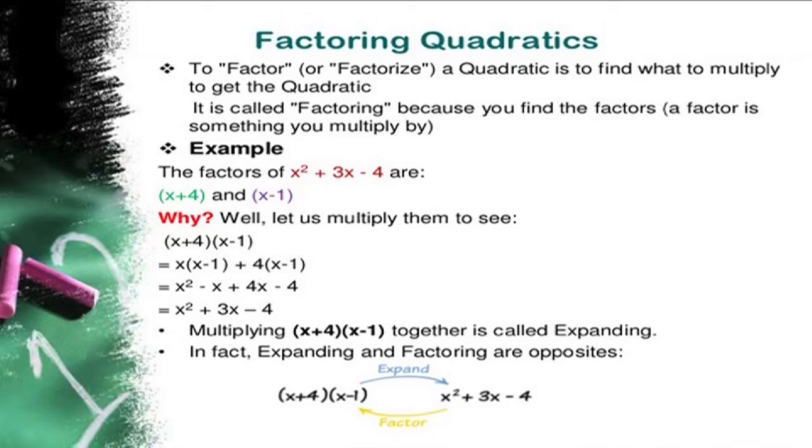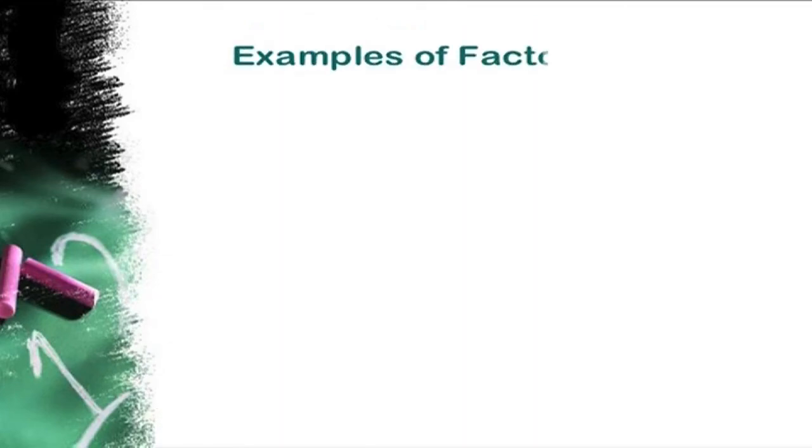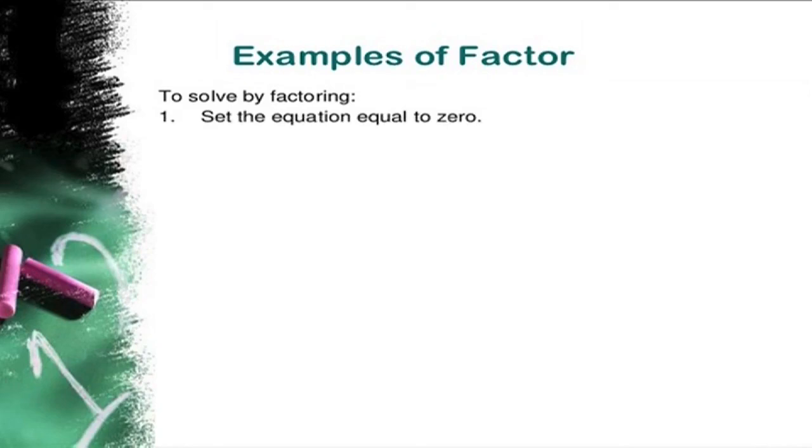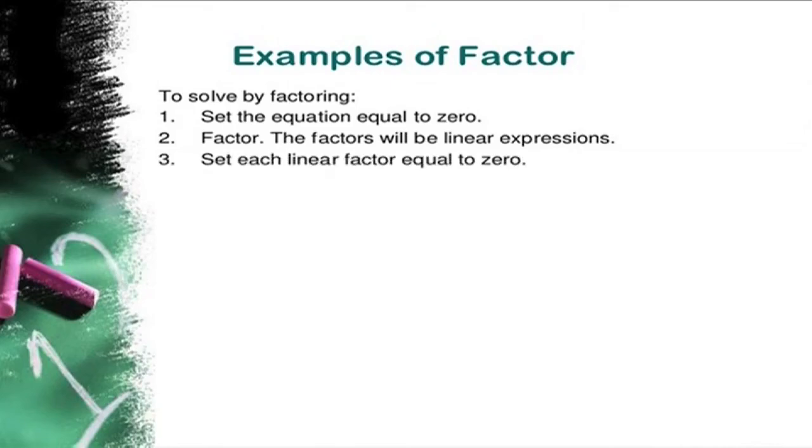Again, x square plus 3x minus 4: when we factor, we get x plus 4 and x minus 1. To solve by factoring, step 1 is to set the equation equal to 0. The factors will be linear expressions. Set each linear factor equal to 0, solving both linear equations.